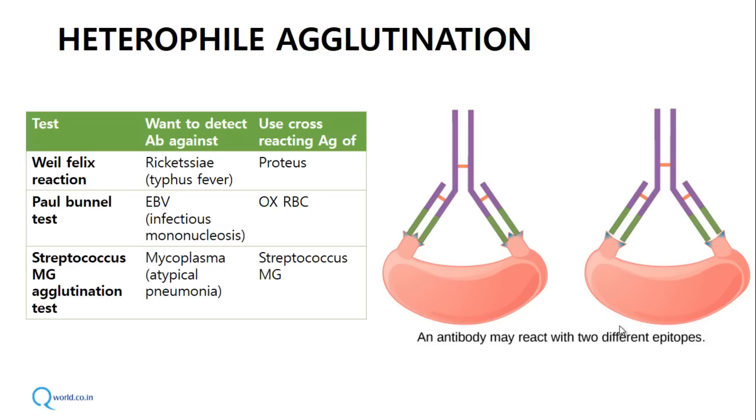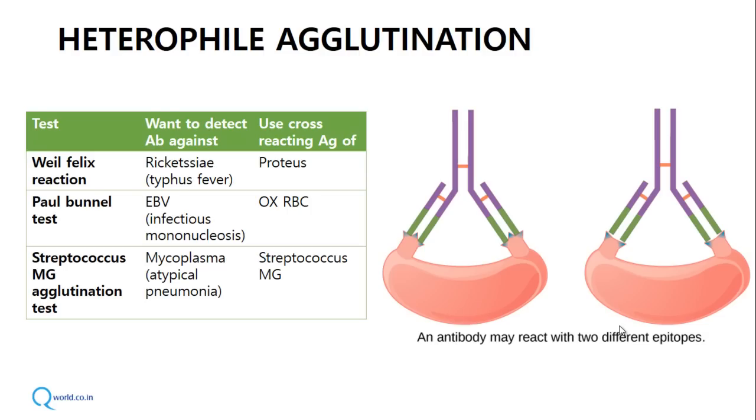Take the example of the Weil-Felix reaction, in which my purpose is to detect antibodies in typhus fever, that is antibodies against rickettsia. But rickettsia culture is very difficult. So I take a cross-reacting antigen of Proteus OX2, OX19 and OXK strains. If clumps are seen, there are two possibilities: either antibody to Proteus is there or antibodies to rickettsia are there. So this is the purpose of the heterophile agglutination test.